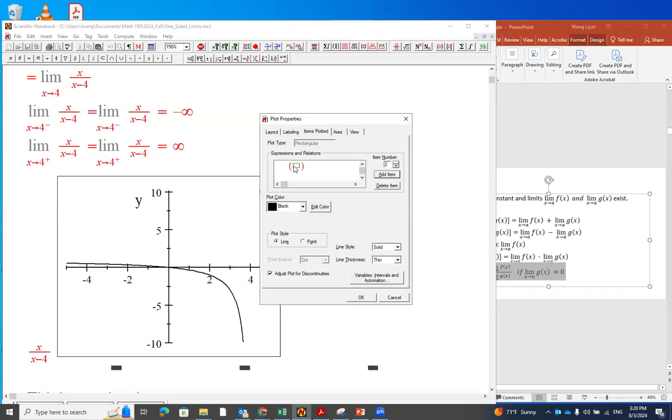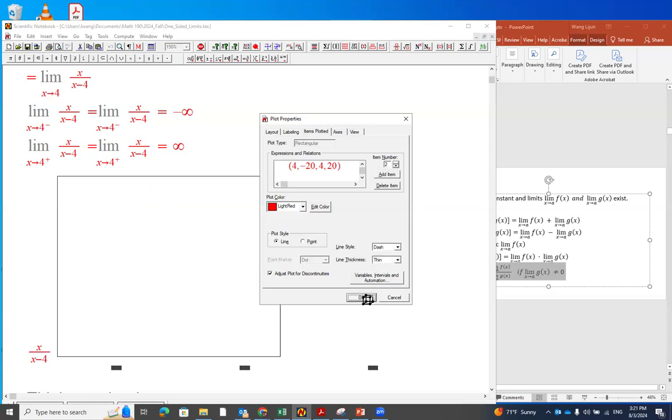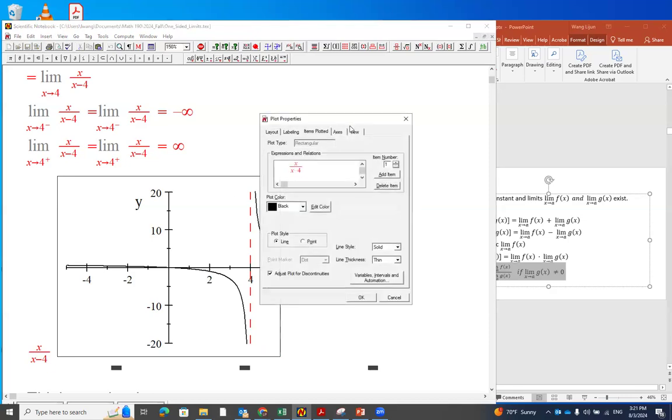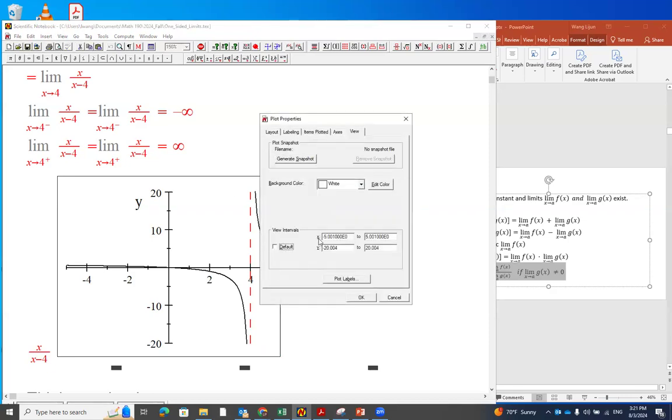But what is the answer to the limit? Let me draw this vertical asymptote to show you, and make one more adjustment to show you a better picture.